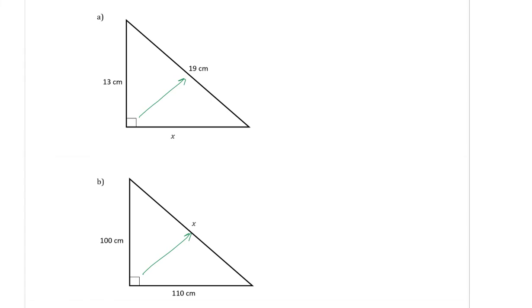Am I looking for the longest side, or am I looking for one of the shorter sides? Because I've given the longest side, I already know the measurement of the longest side. And that's going to tell you whether you're adding or subtracting. Otherwise, the questions are going to be the same. So with that little reminder and that tip, now you can pause and see if you can try this on your own, and then we'll take it up.